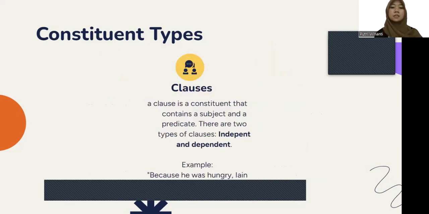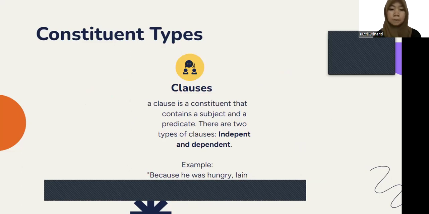The last type is clauses. A clause is a constituent that contains a subject and a predicate. There are two types of clauses: independent and dependent. Independent clauses can stand alone, while dependent clauses must be connected to independent clauses to get their meaning.